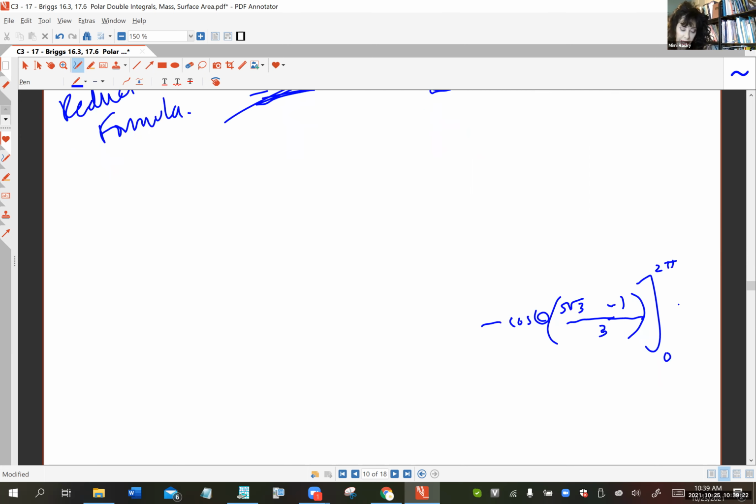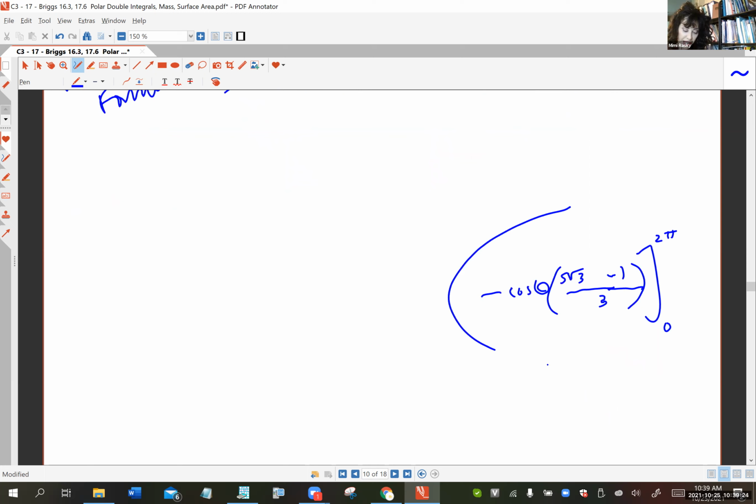What do you think is going to happen when you evaluate this term between 0 and 2 pi? Does anybody have an idea? Isn't cos of 2 pi the same as cosine of 0?